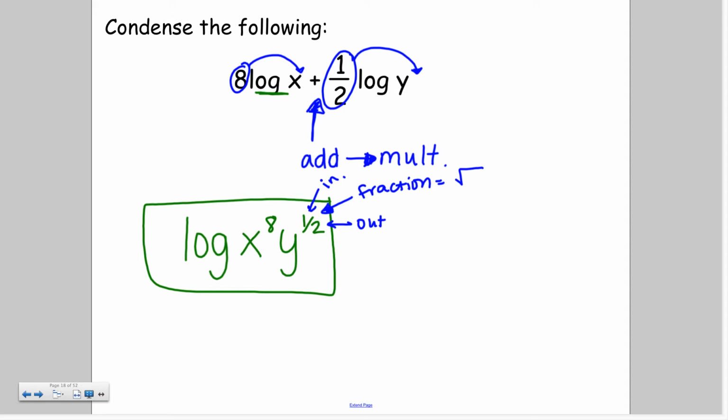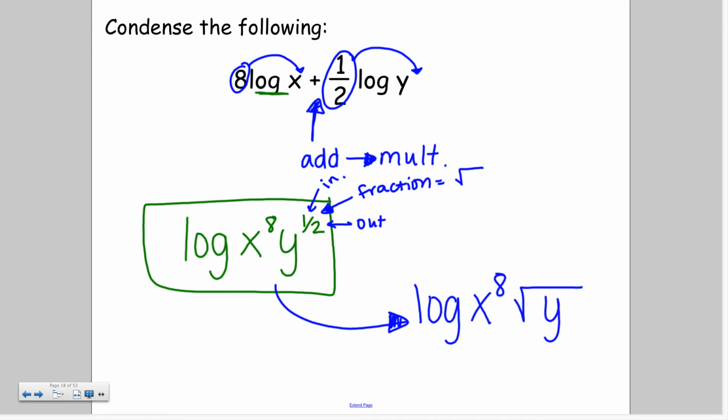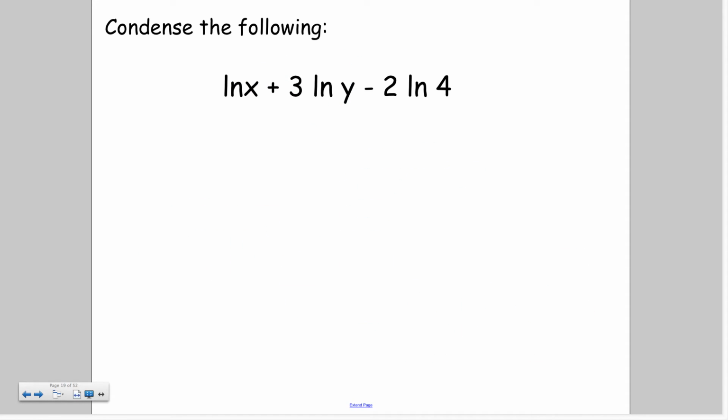All right? So there's another way to write this. We could write it as the log base 10 of x to the 8th, because that's not going to change. But that's going to become a square root because the 2's on the bottom. So draw the root sign and put y on the inside, and it's raised to the first power. So we could write it one way or the other. Just recognize that that fraction is going to be a root. Okay? All right, we have two more.